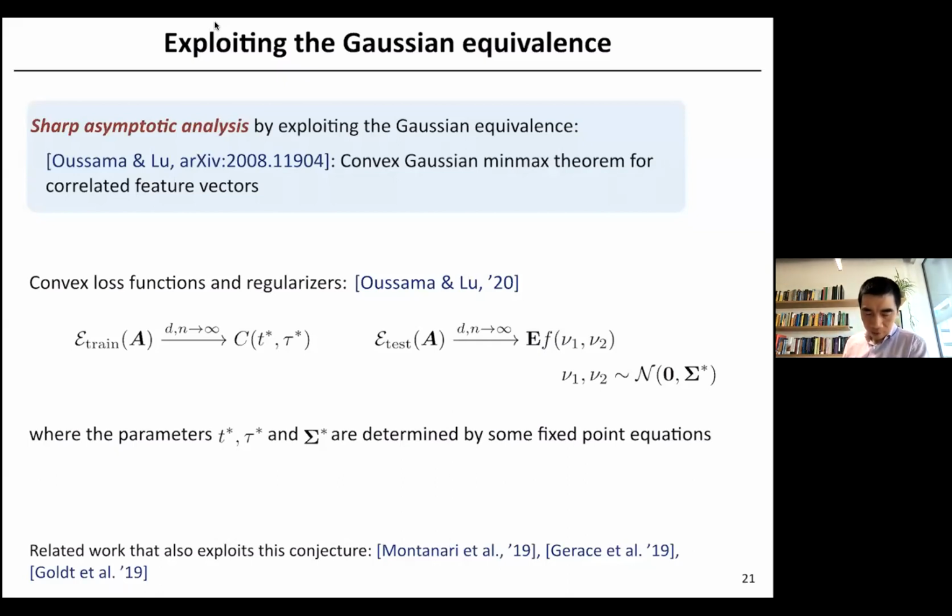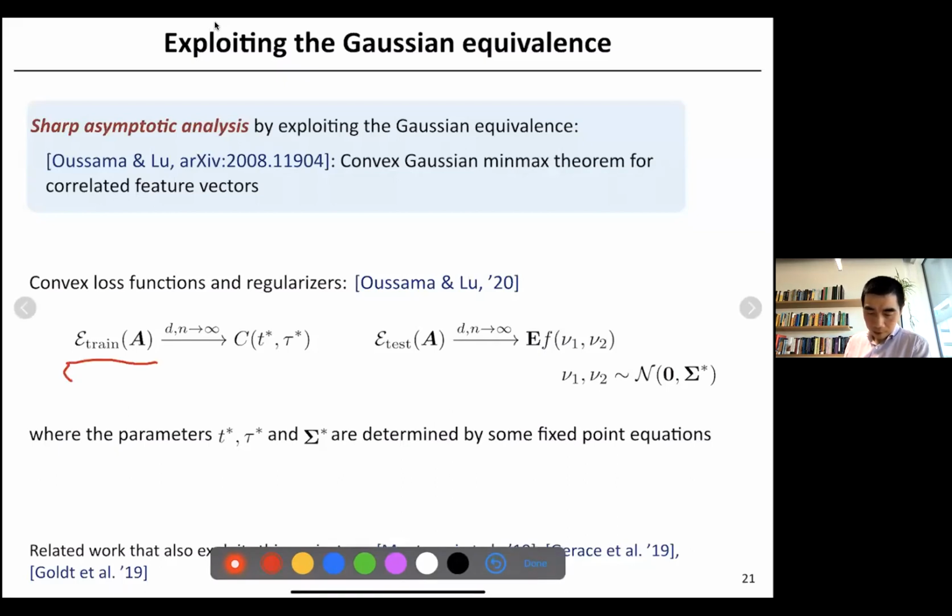Here, what we want to do is to study the training error and the testing error. Both of these quantities come from a high-dimensional random optimization problem. They are not deterministic functions with closed form expressions. They are implicitly defined functions.